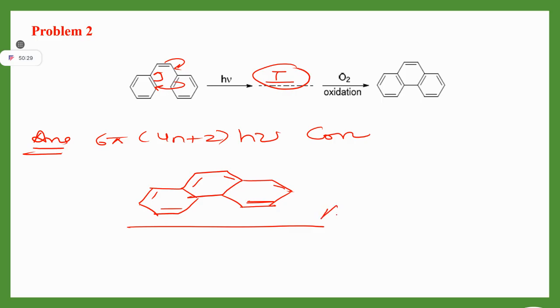And this is your answer. But in order to get aromaticity back, they are doing this aerobic oxidation. So now you have to tell me these hydrogens are there. Either they will be cis or trans. Tell me.